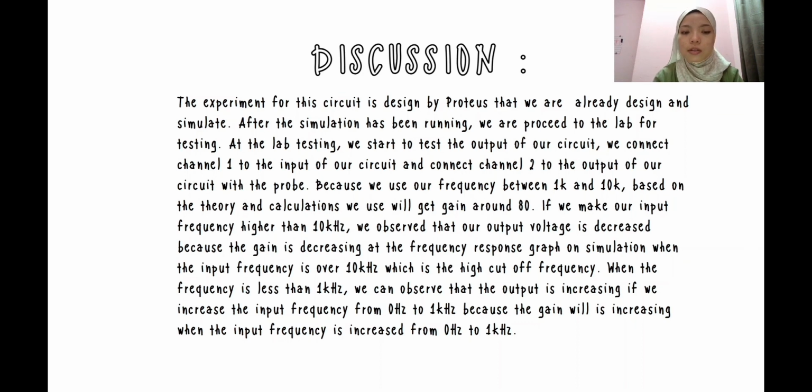This is because the gain is decreasing in the frequency response graph. On simulation, the input frequency is over 10 kHz, which is the high cut-off frequency. When the frequency is less than 1 kHz, we can observe that the output is increasing if we increase the input frequency from 10 Hz to 1 kHz.